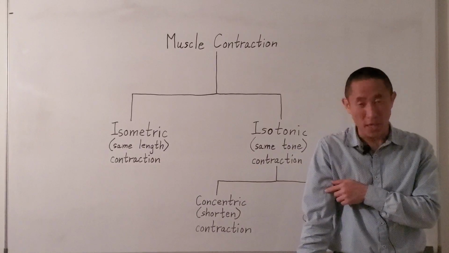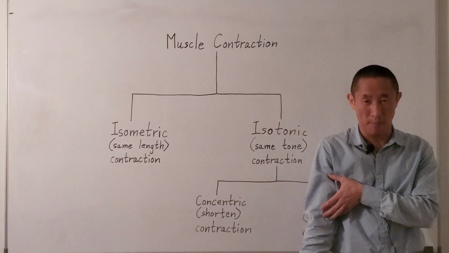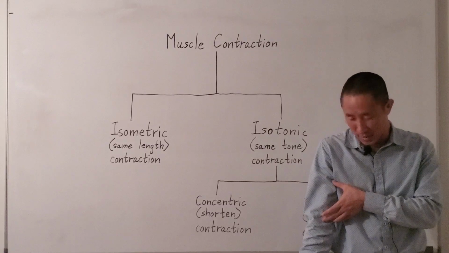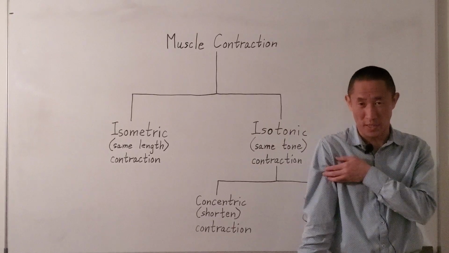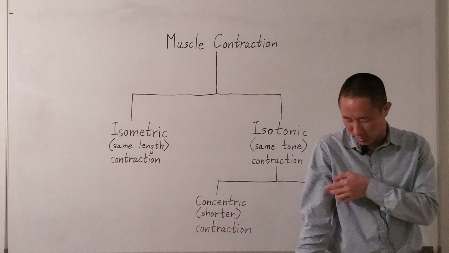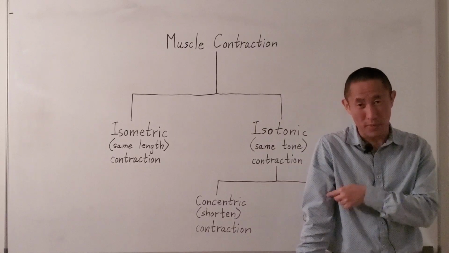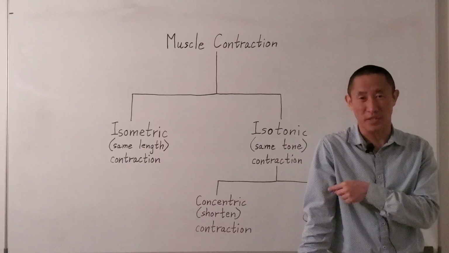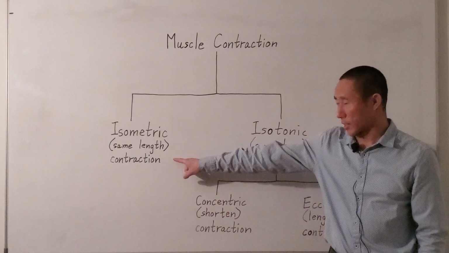But in this case, the length of the bicep muscle stayed the same. It doesn't increase in length, and it doesn't shorten in length. So the bicep muscle is contracting, but it stays the same length. So this is a type of isometric contraction.